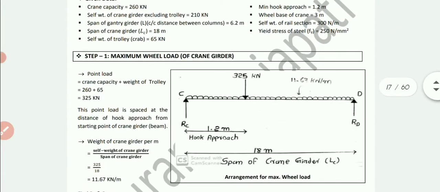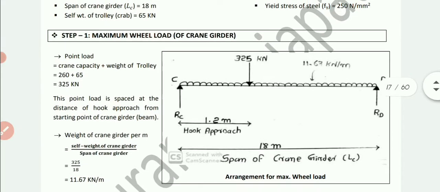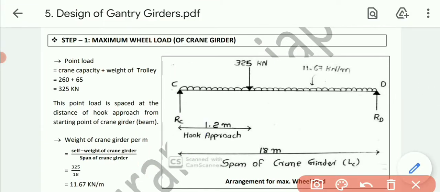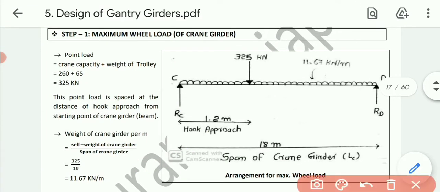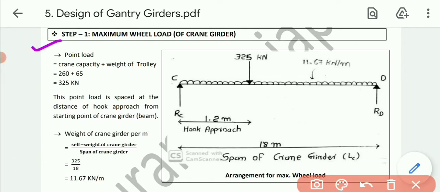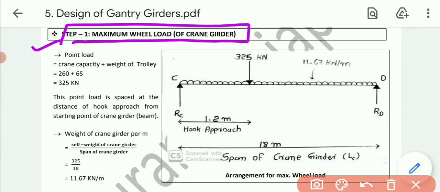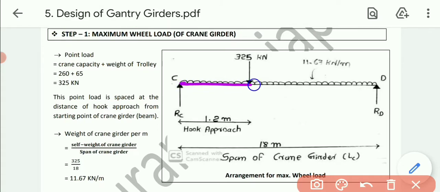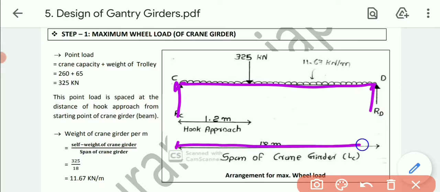First of all, step number 1, that is maximum wheel load of crane girder. For that we have taken the crane girder as a beam. This one is the span of crane girder, that is 18 meter. Now first of all I need to calculate this point load.